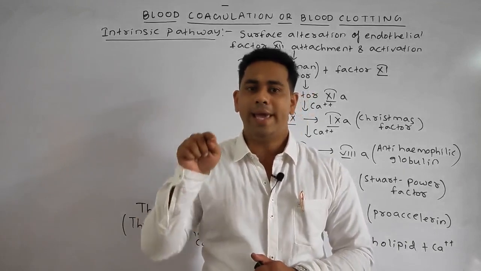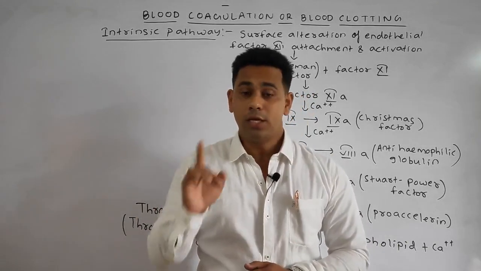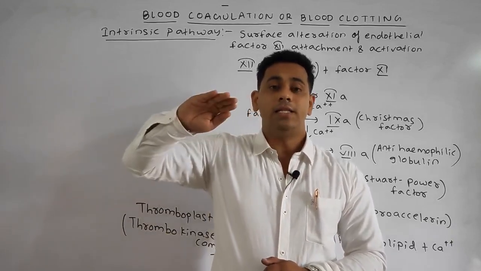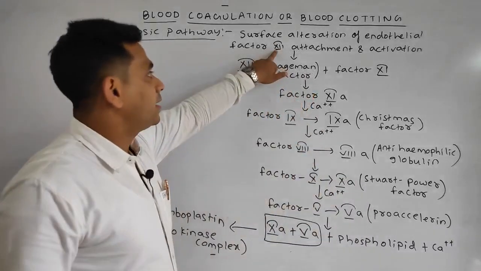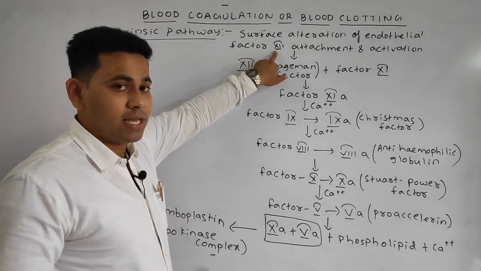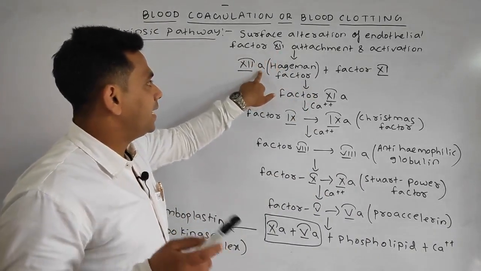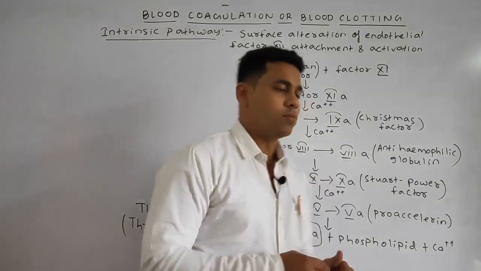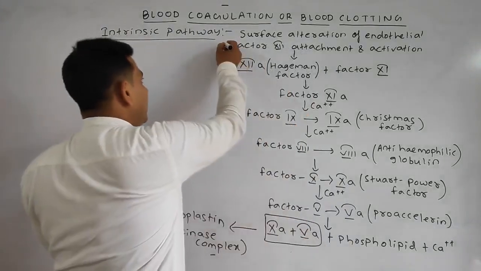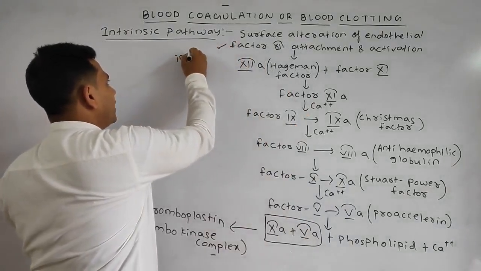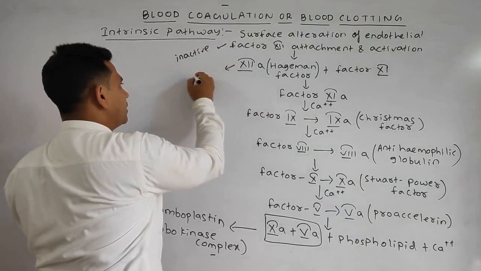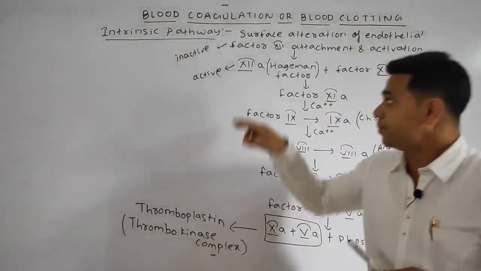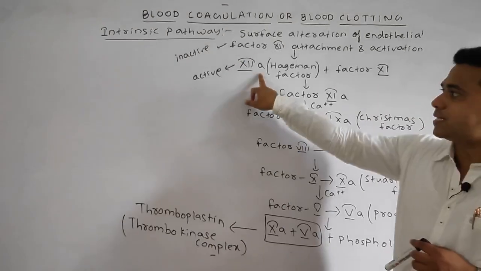But if I am writing A beside that Roman numeral, then you should understand that this factor is in the activated form. Okay students, no confusion. Only the number means inactive form. If A is present, that is the active form.